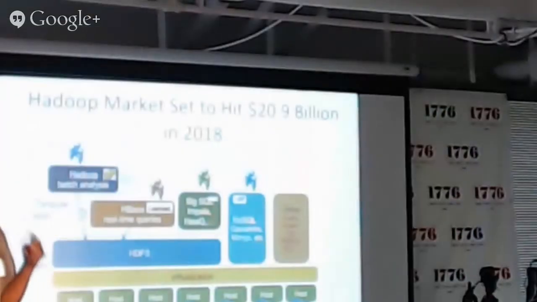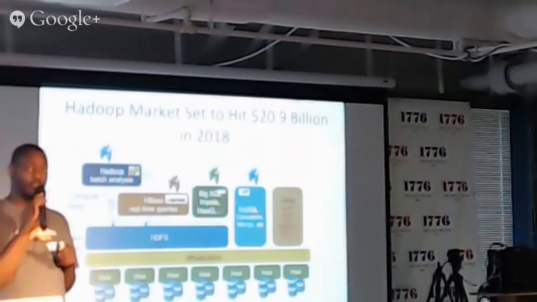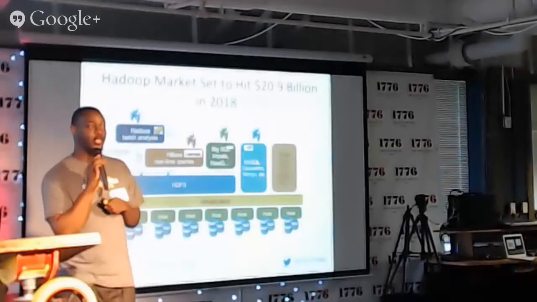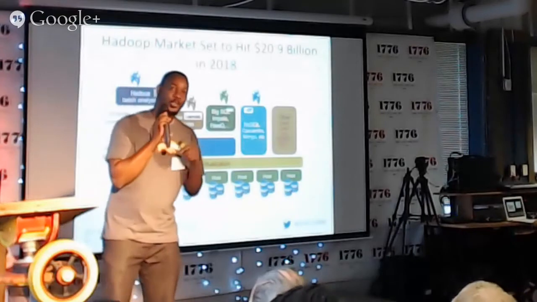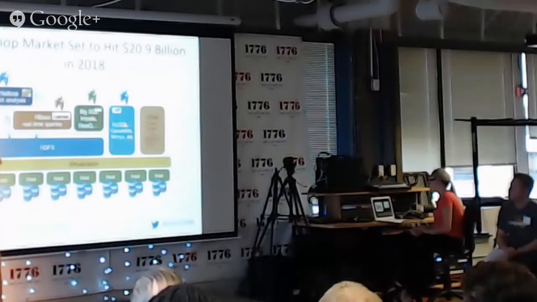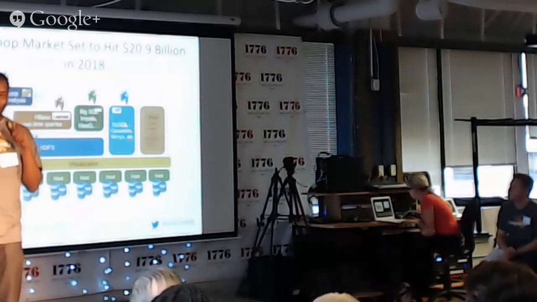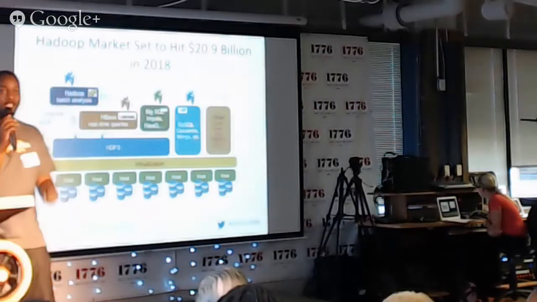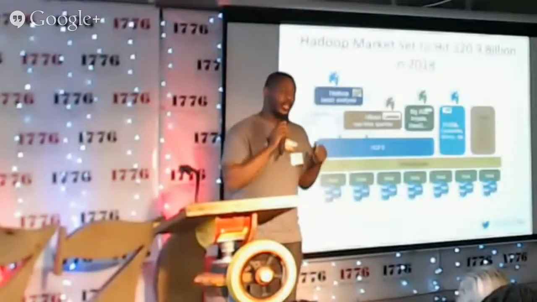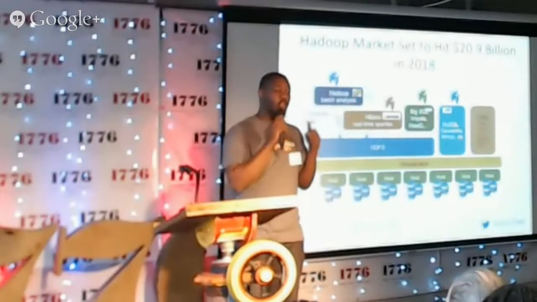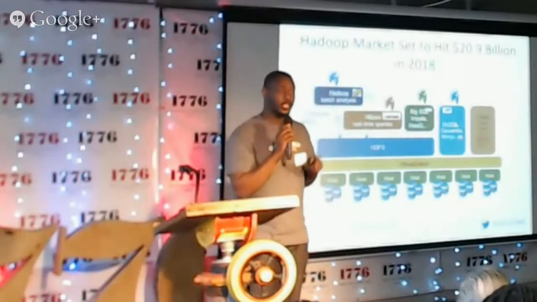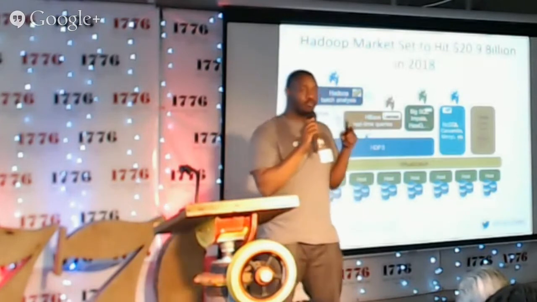Hadoop, many of you may have heard of it, is set to increase to 20 or 21 billion in 2018. I want to spare you the details, but suffice it to say, with Hadoop you can manage a lot of data. One of the innovative things with it is that the data is not going to move.